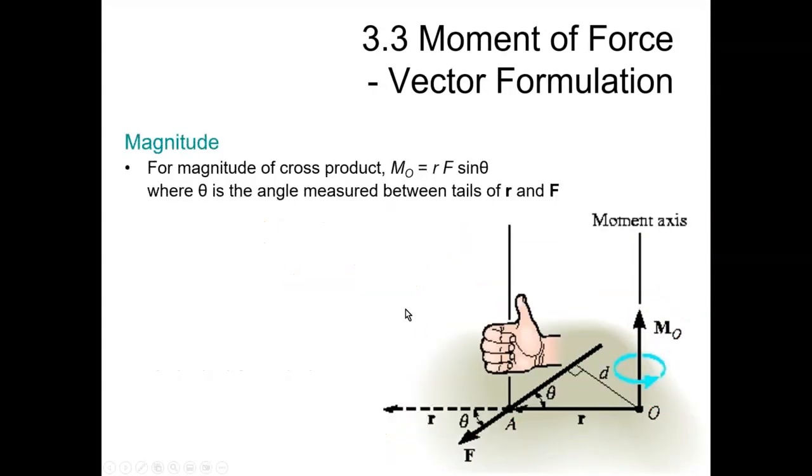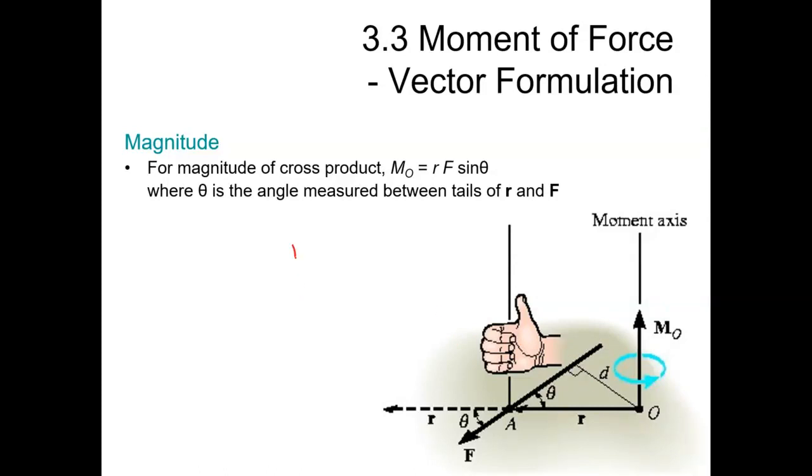And here I give you examples. All right. So here, if the position vector is making an angle theta with the force, and this is a simple coplanar case, what is the shortest distance?